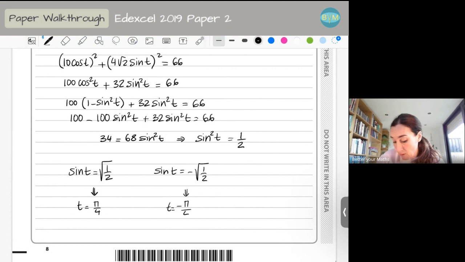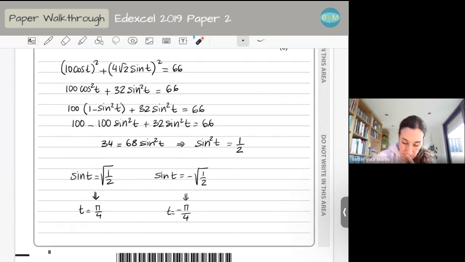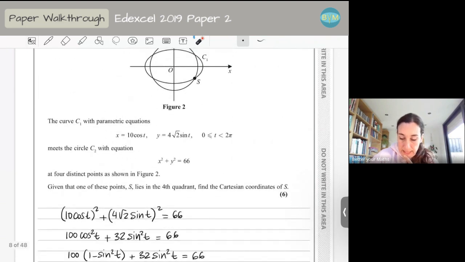So now I have to think which one, if any of these two, or maybe the next solutions, is going to give me the point in the 4th quadrant. So in the 4th quadrant, the x is going to be positive and the y is going to be negative. Yeah? And the points are given by my parametric equations. So the cos must be positive and the sine must be negative.